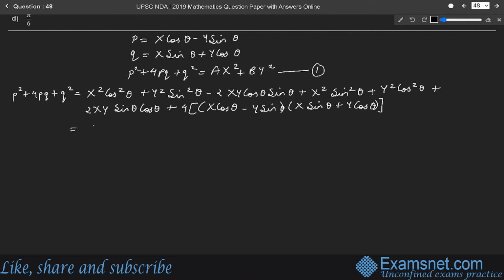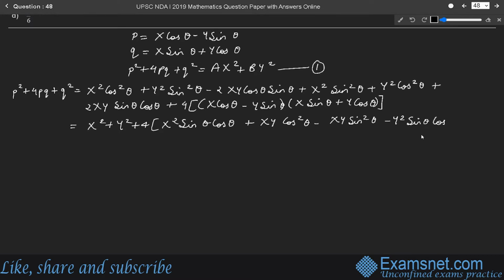So further it will be x square plus y square plus 4 into (x square sin theta cos theta plus xy cos square theta minus xy sin square theta minus y square sin theta cos theta).